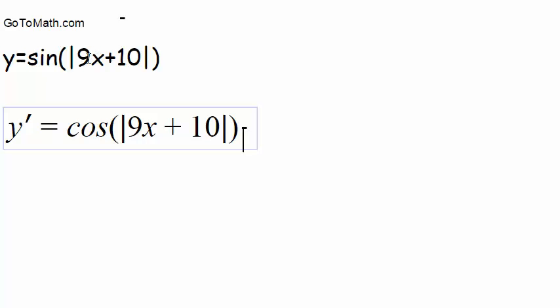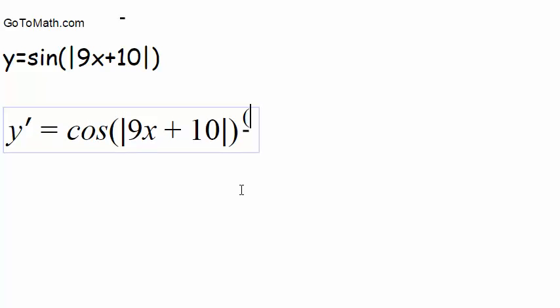And so you got to remember now, what's the derivative of an absolute value? Well, what you do is you take the inside of the absolute value bars, and we're going to write that up in the numerator. Well, not the absolute value bars. I will start a parentheses though. 9x plus 10.